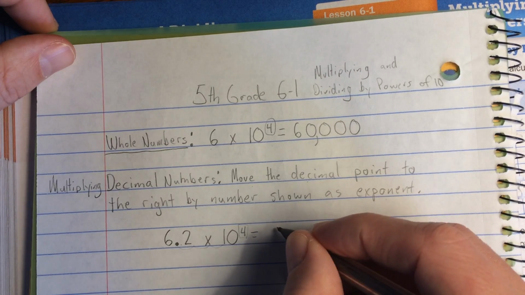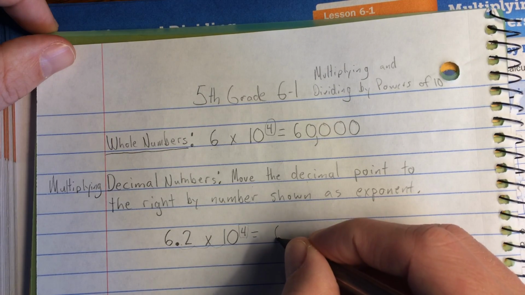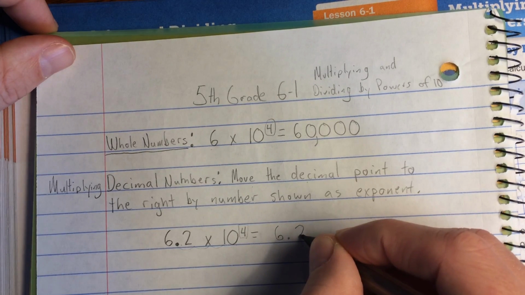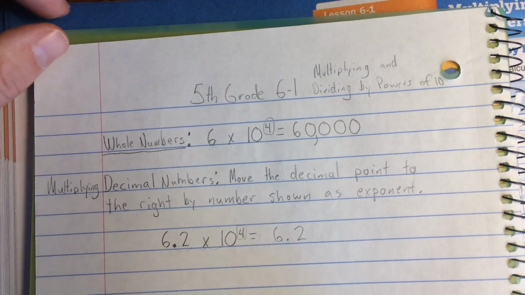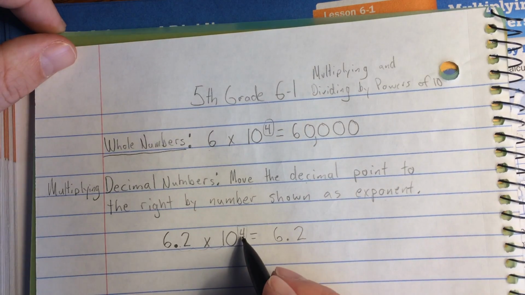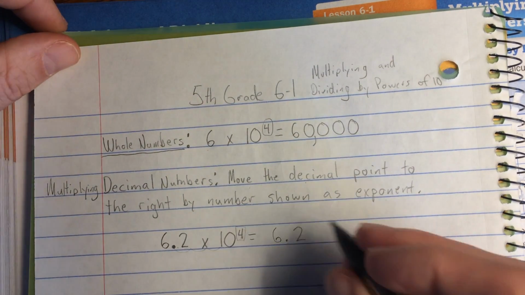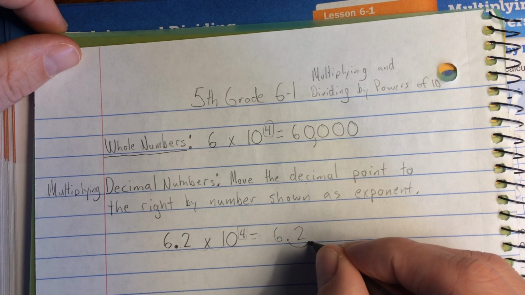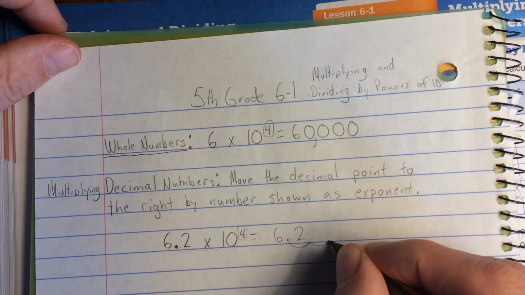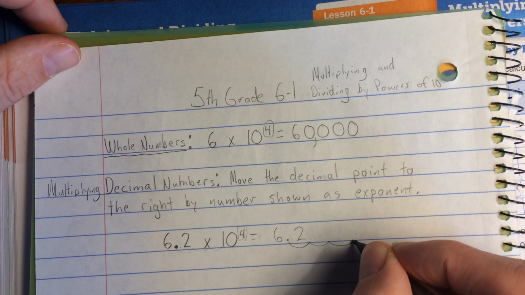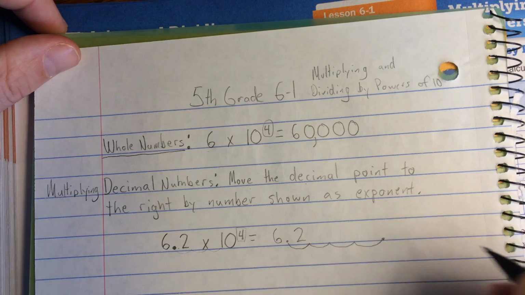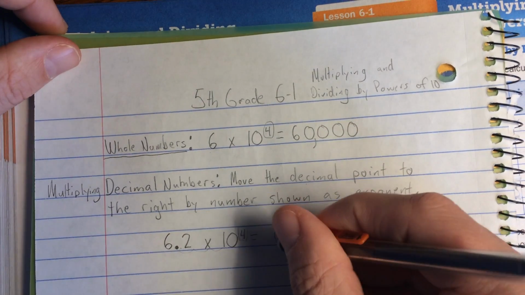I'm going to put our 6.2. I'm going to write the decimal a little bit lighter because he's going to be moving. So if the exponent is 4, we need to move our decimal 1, 2, 3, 4 places to the right. So his new home is going to be at the end here.